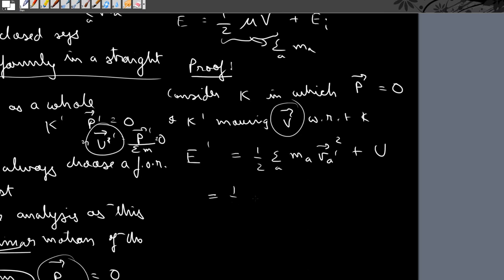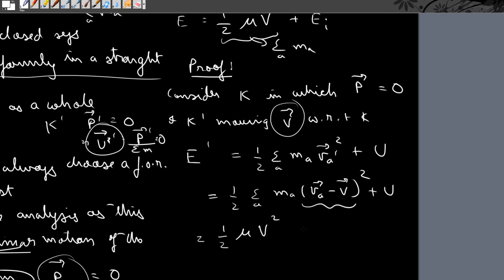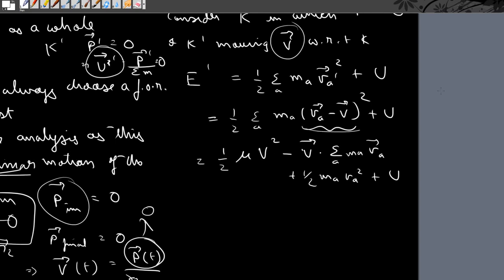This is nothing but half into summation over a of m_a times v_a minus v, because of the Galilean transformation, whole squared, plus U. So this is equal to half mu v squared, I'm just expanding this, minus 2 times half mu, where the 2 and half will get cancelled, so we have v dot summation over a of m_a v_a, plus half m_a v_a squared plus U. I'm just expanding this term.